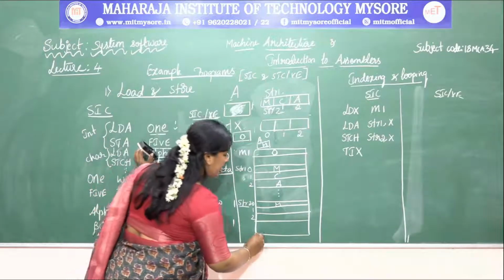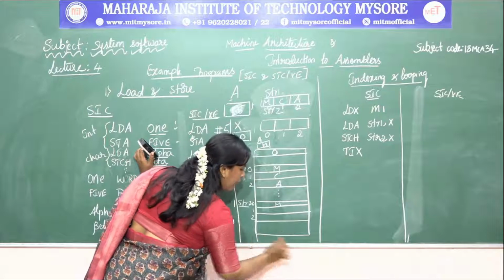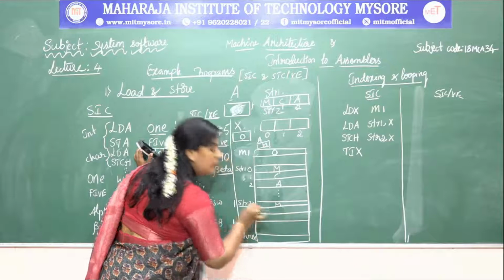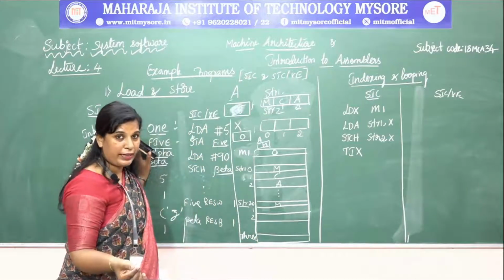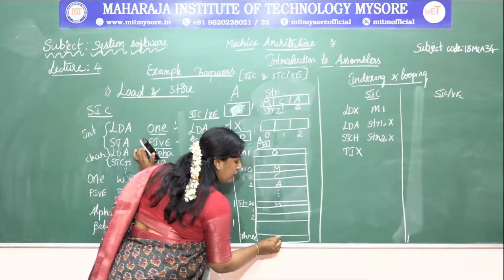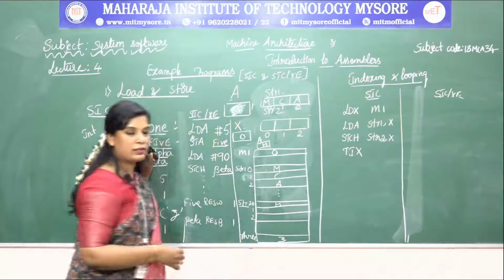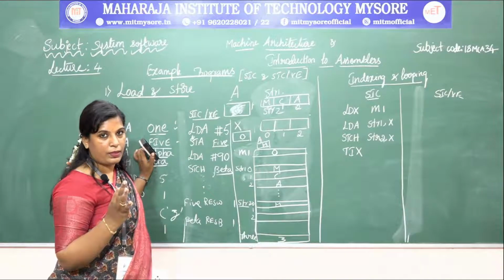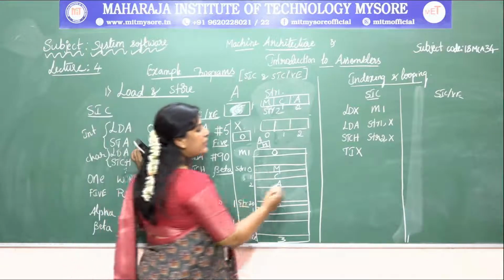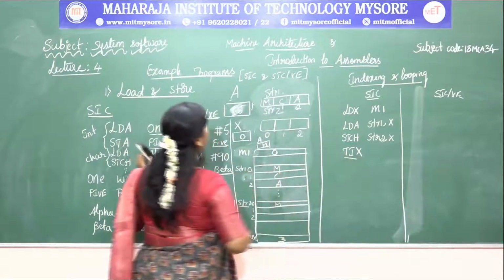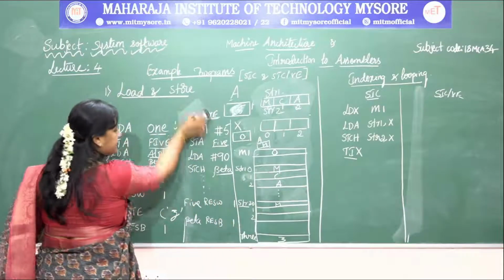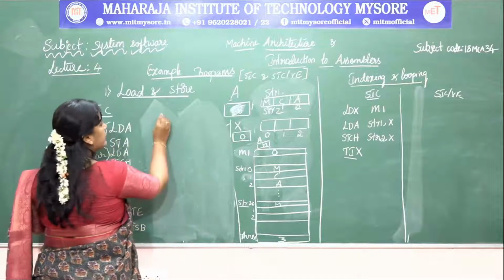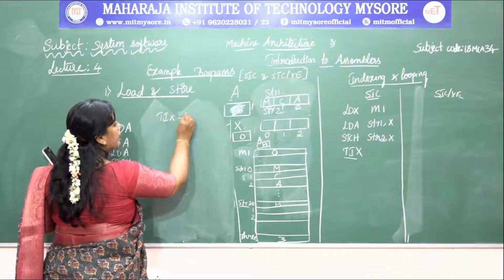So I will have one more memory variable, and you can take any name for it, which holds the integer value 3. Now, what does the TIX instruction do?